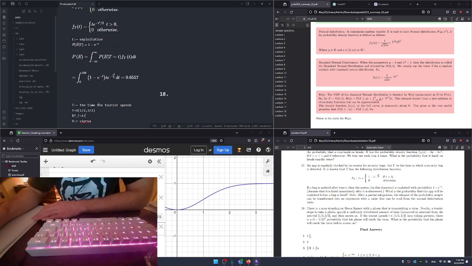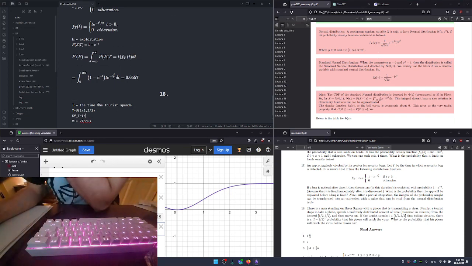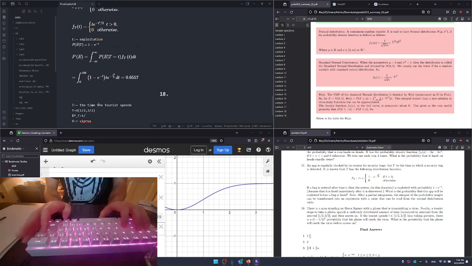Is the distance 1? Yeah, the distance between 1/2 and 3/2 is just 1. So it's just 1 in the region from 1/2 to 3/2.